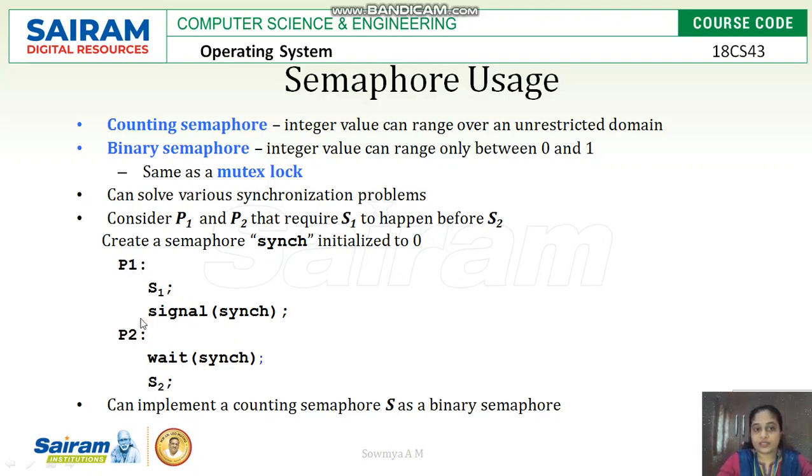Under the processes, the name of the semaphore is the same, and the values returned by the function are the same, as they pass the parameter while calling the function. We can also implement the counting semaphores as binary semaphores.